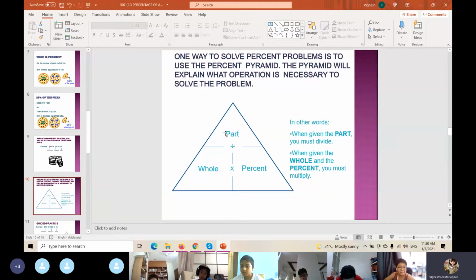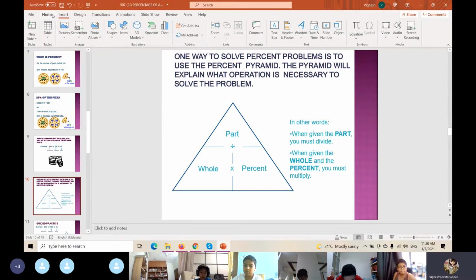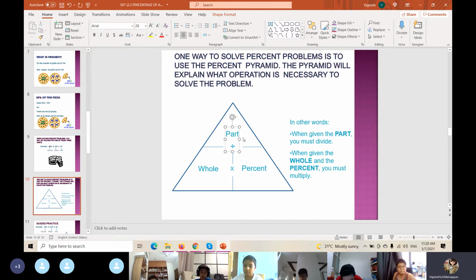When the part is given and the percentage is also given, but you don't know how to find the value of the whole, I'll show you a way.